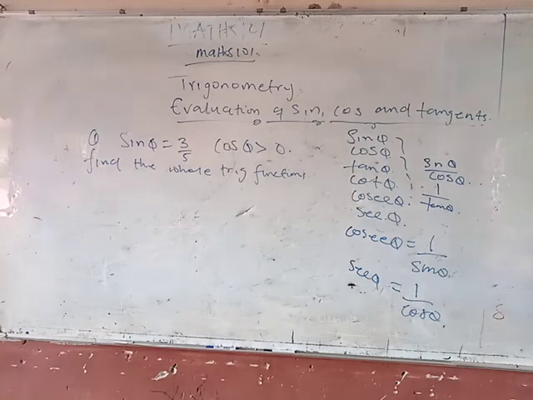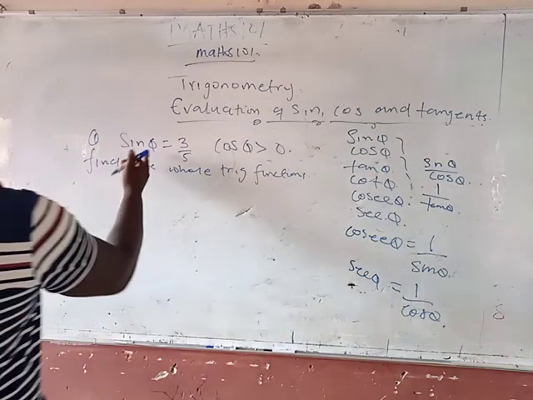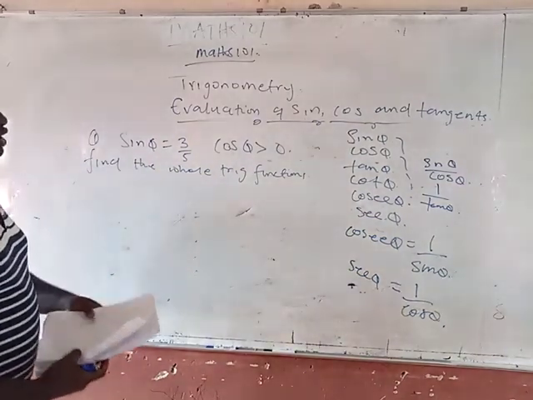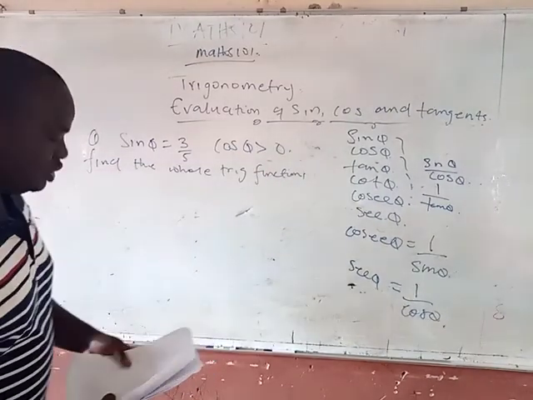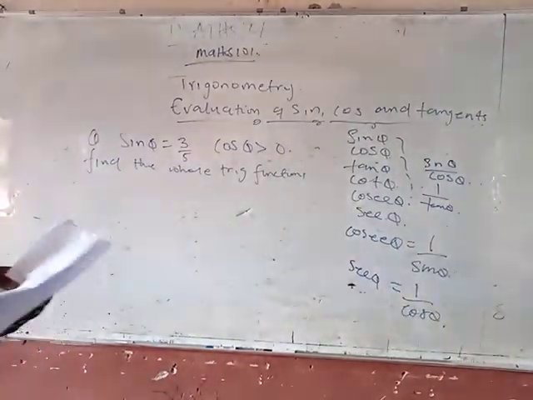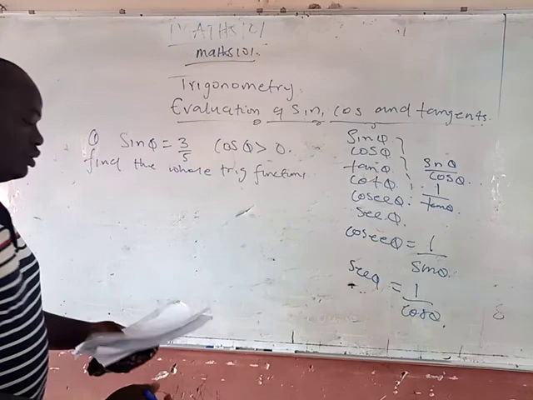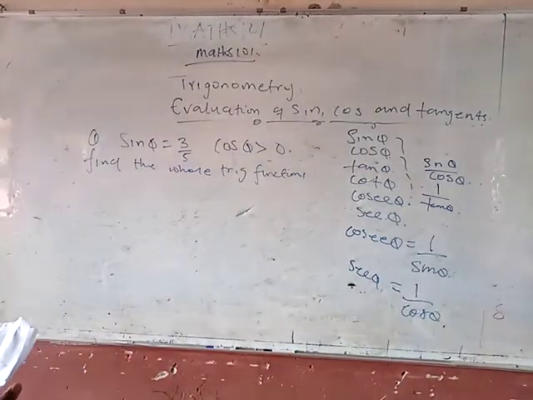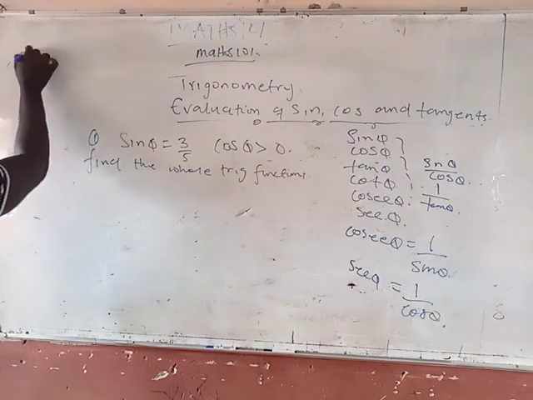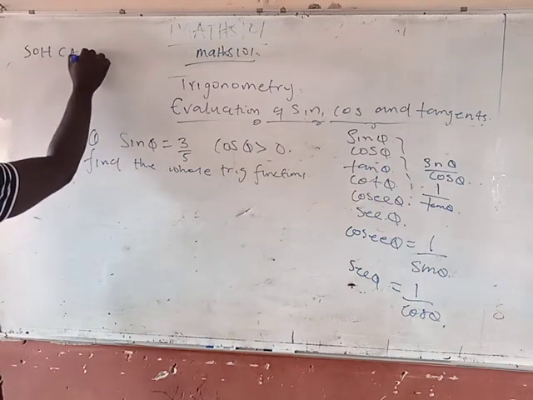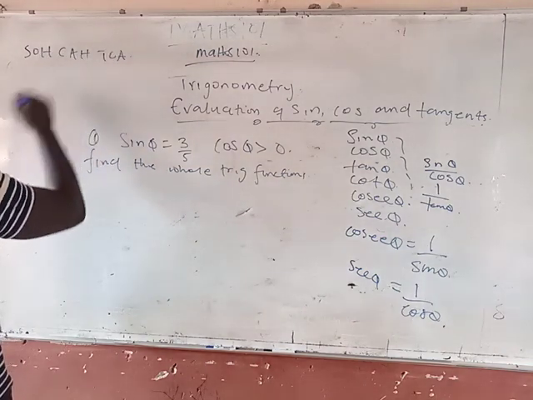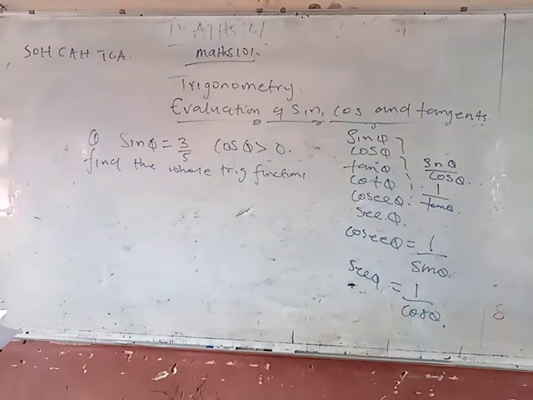Now, on this video, you can see one thing that is happening here. We have a question giving us sine is 3 over 5. We have a cos, the range is theta is greater than 0. The question is find the whole trig function. Now, before I continue, I would like you to know SOHCAHTOA, I believe a lot of people know that.